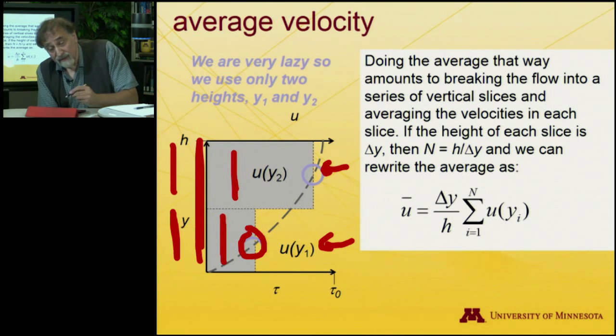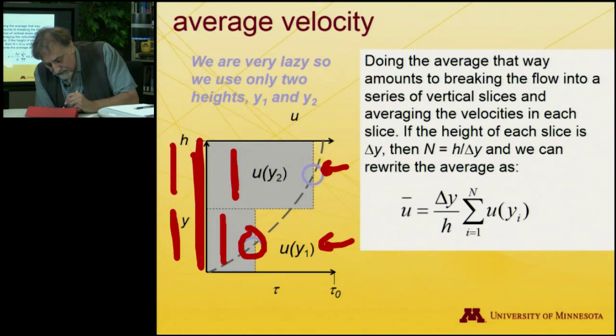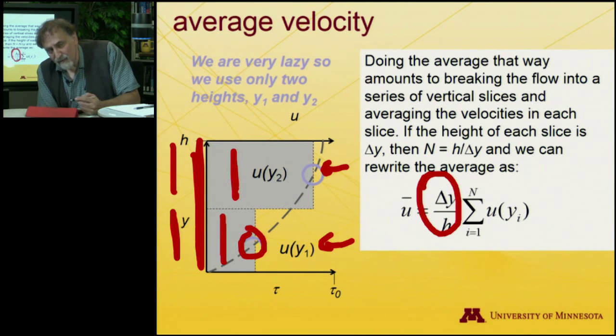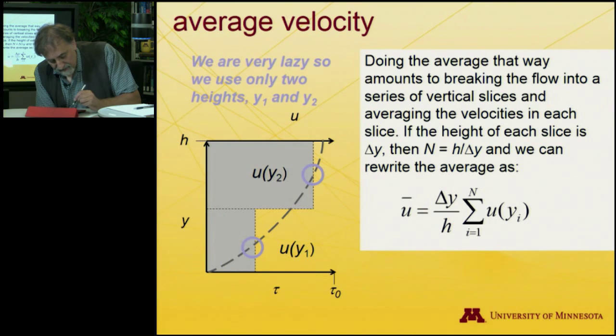I've divided the flow into 2 segments in this case. So h, the total height, divided by delta y, the height of each segment, is obviously 2. So this little piece here is a slightly more sophisticated way of writing our 1 over n that we learned to do when we averaged in elementary school.